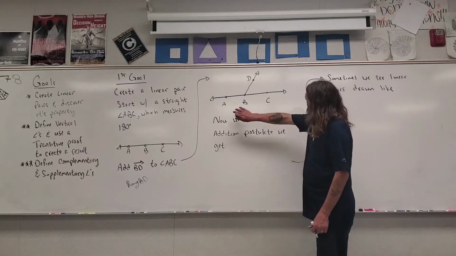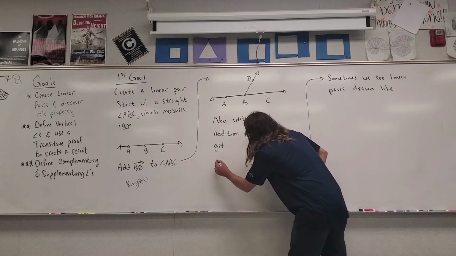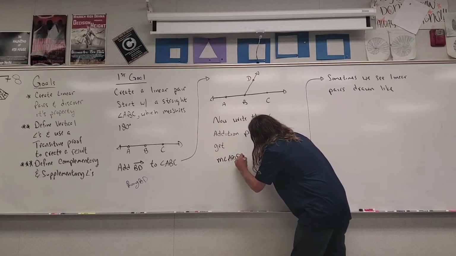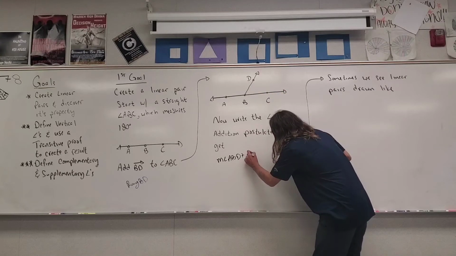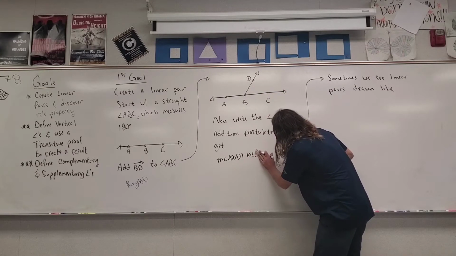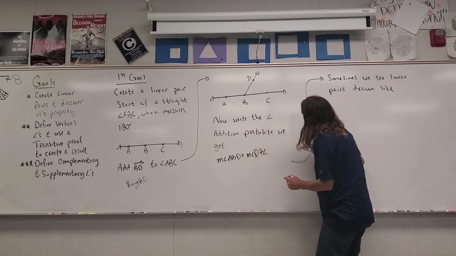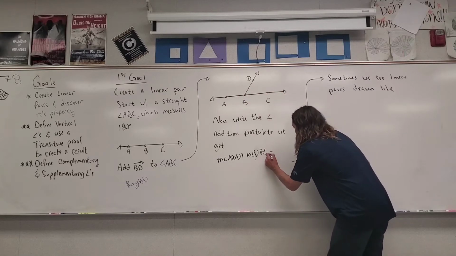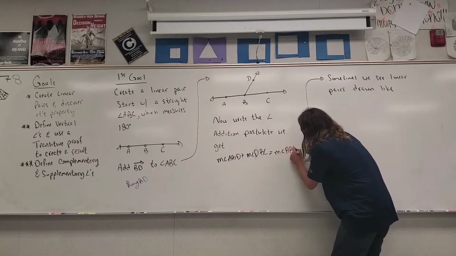So if we write the angle addition postulate, we're going to have the measure of angle ABD plus the measure of angle DBC. It's terrible. There we go. I'll learn to write left-handed one day. And these 2 angles add up to our straight angle, which is a measure of angle ABC.